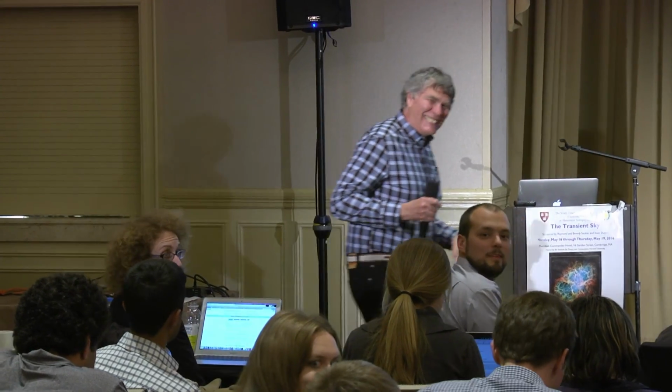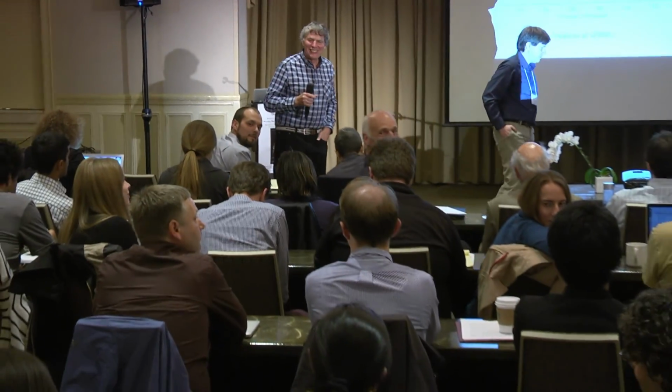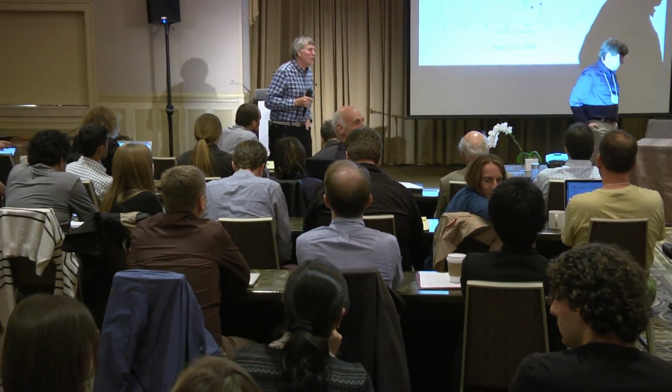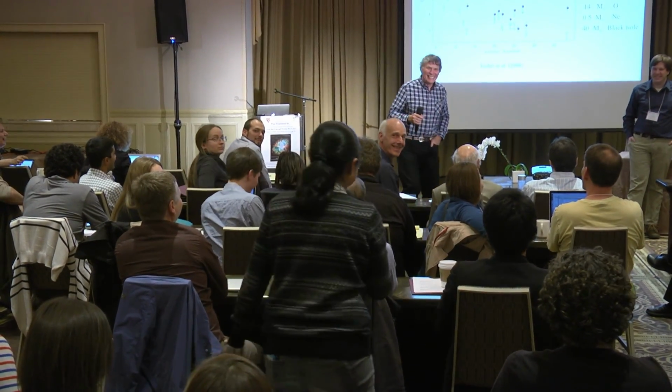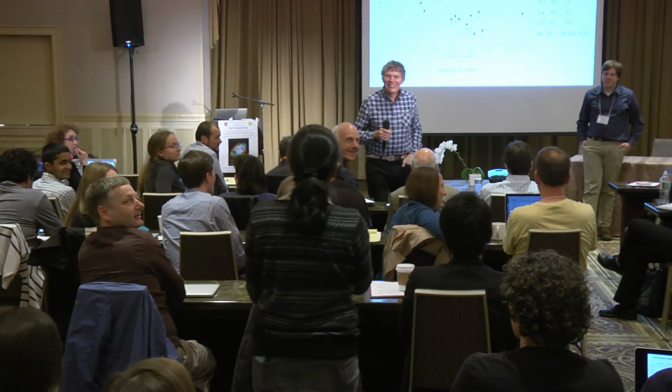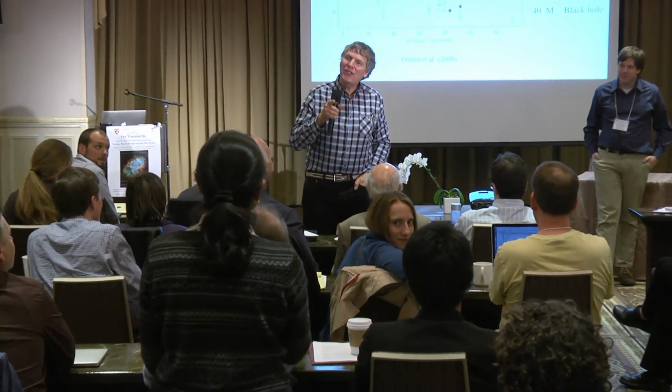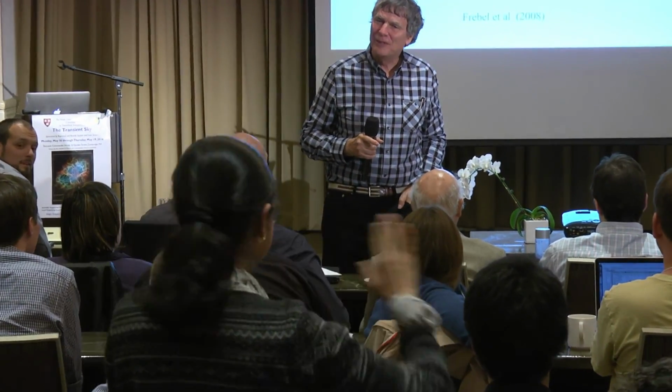Sorry, Mr. Mancio. So Stan, I think I might have found your long, slow red transients. This is with the Spitzer Space Telescope with my SPIRITS survey. I might have found your long, slow red transients. They're not the luminous red novae. No, not the luminous red novae.